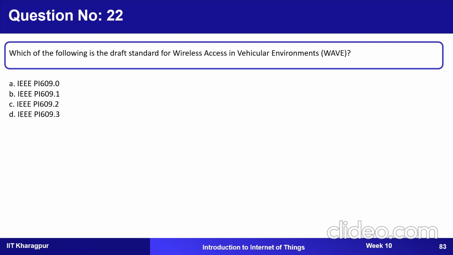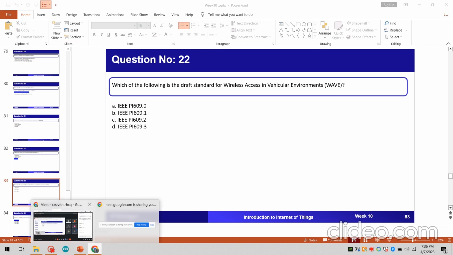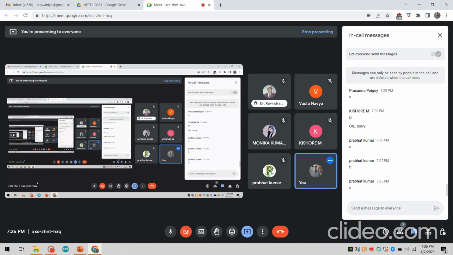Options are IEEE P1609.0, IEEE P1609.1, IEEE P1609.2, IEEE P1609.3. Anyone?